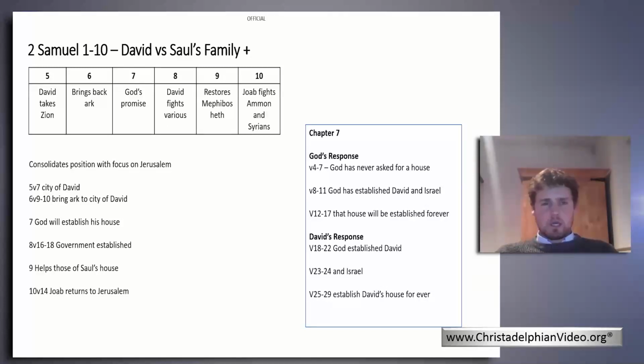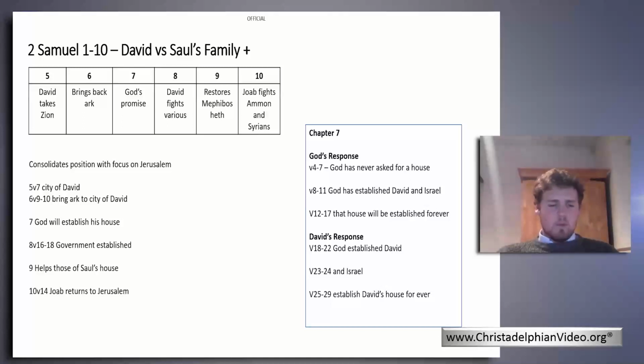And so he tries to do that. But we can see that this passage ends then towards the end of chapter 10, where there is further battles.